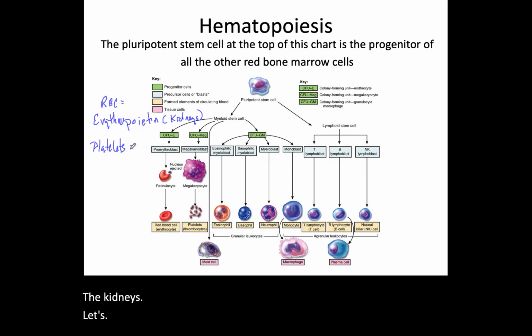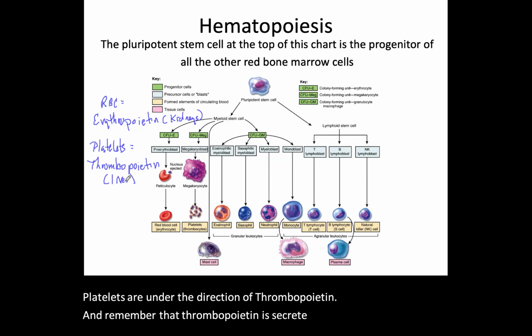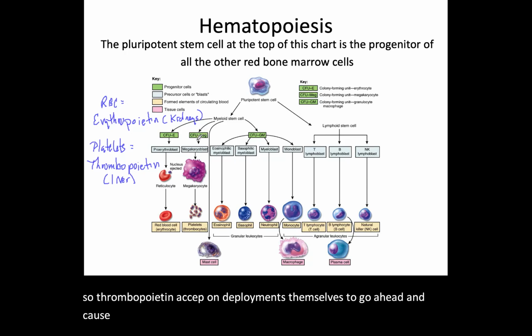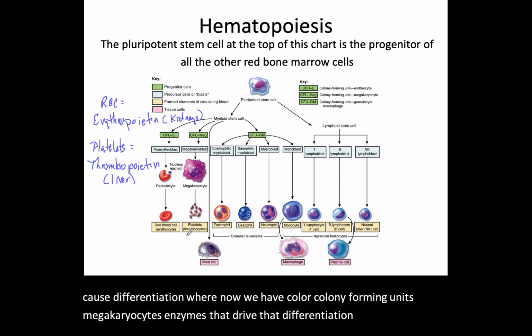Platelets are under the direction of thrombopoietin. And remember that thrombopoietin is secreted from within the liver. And so thrombopoietin acts upon the pluripotent stem cells to cause differentiation, where now we have colony-forming units, megakaryocyte enzymes that drive that differentiation and formation of the platelets.